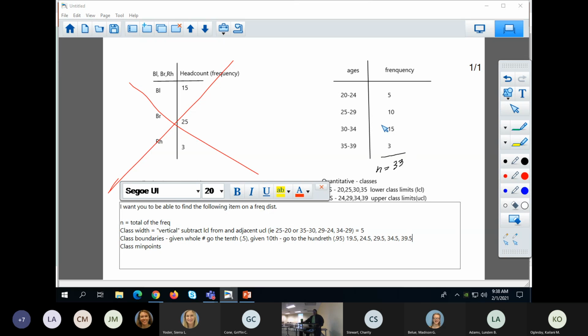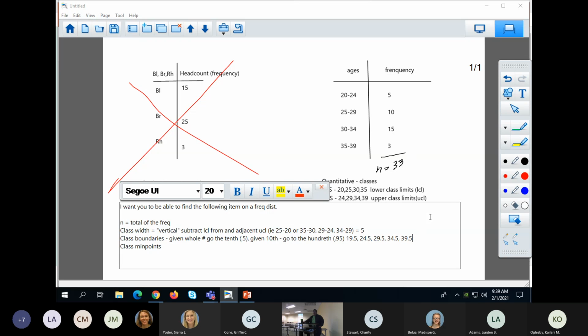Now, since I was given whole numbers, 20 and 24 are whole numbers, all these are whole numbers. If you do whole numbers, you go to 0.5, a tenth. And you always use 0.5. If you're given tenths, if this was 20.1, then you would go to the hundredth, and these would be 19.95, 24.95.